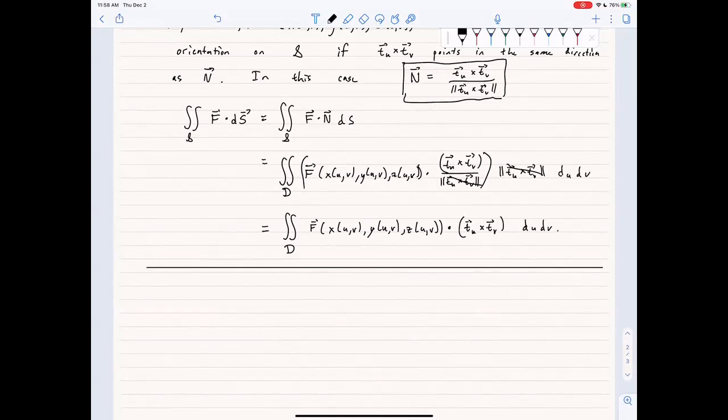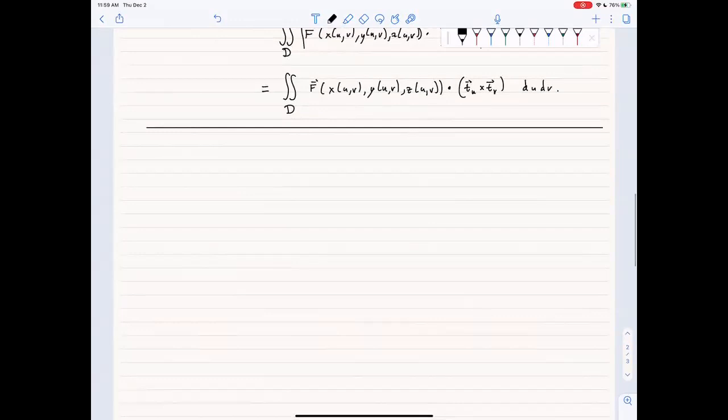Okay, let's do a problem. How's that sound? Let's do a problem. An interesting problem. So let's calculate the flux, my vector surface integral, of the following vector field.